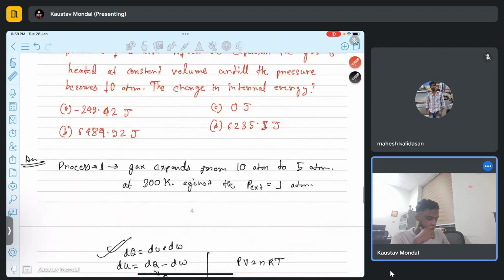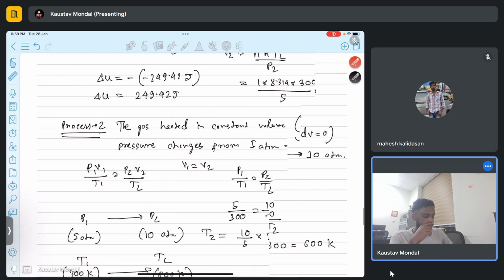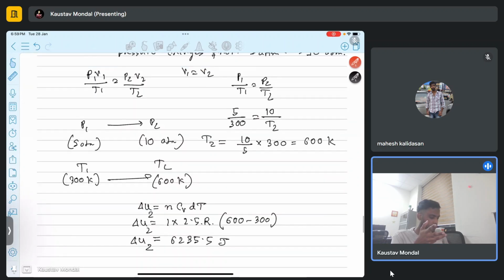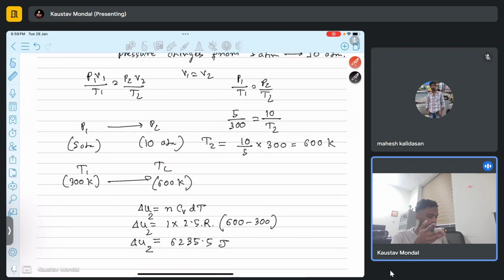If you calculate this, it will give you delta U equal to 6235.5 joule. Let's term it delta U2, because this is the change in internal energy during process 2.